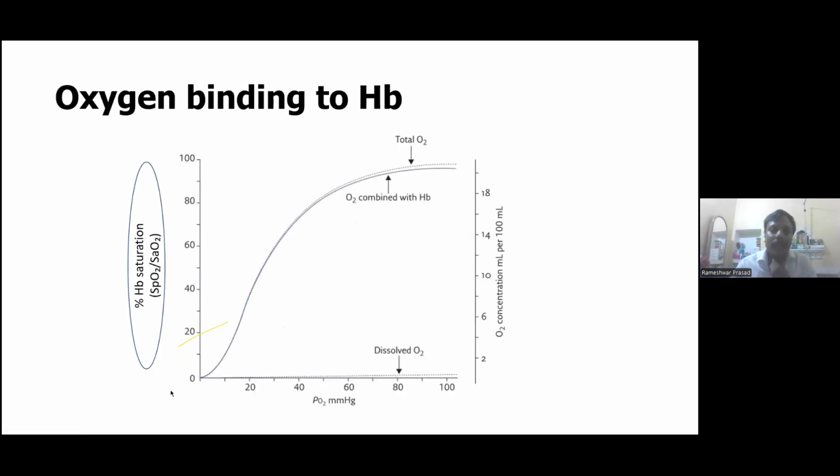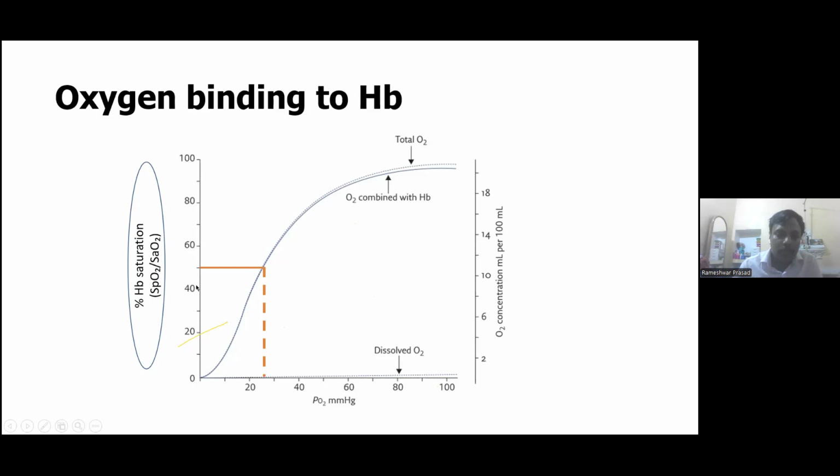Now, here is the oxygen hemoglobin dissociation curve. Because 98% of oxygen is transported bound to hemoglobin, we must understand what the oxygen hemoglobin dissociation curve is. Now, I want you to focus around three PaO2 values.